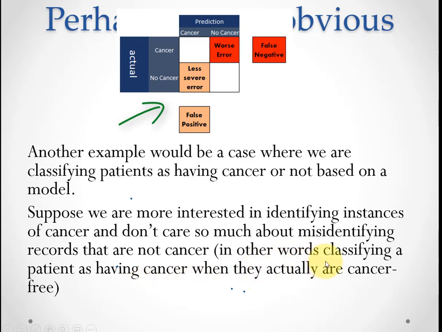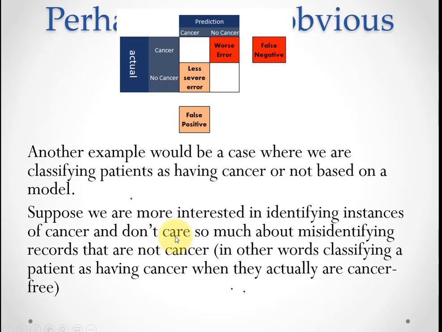So we don't really mind doing that. What we really mind is calling someone who actually has cancer cancer-free. We don't want to do that. So we're more concerned with calling someone cancer-free when actually they have cancer, and less concerned about telling someone they have cancer when they actually don't.